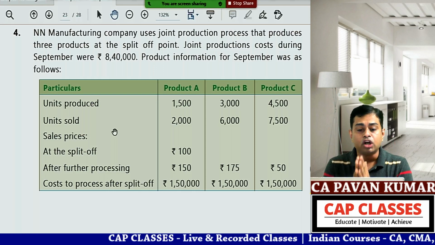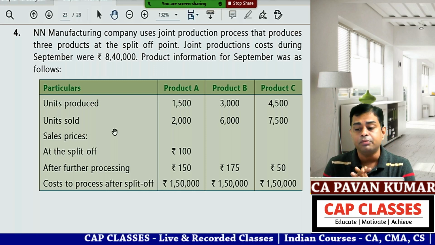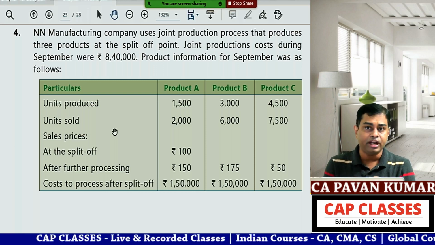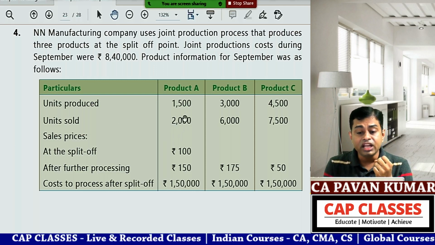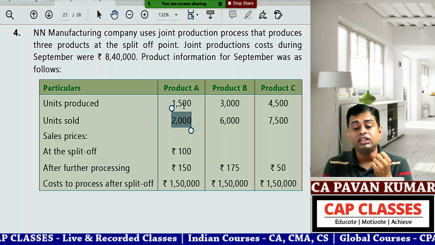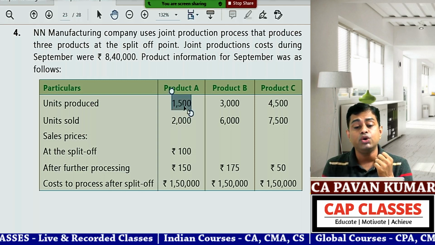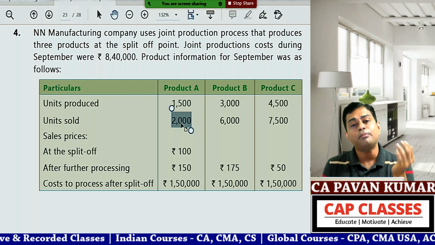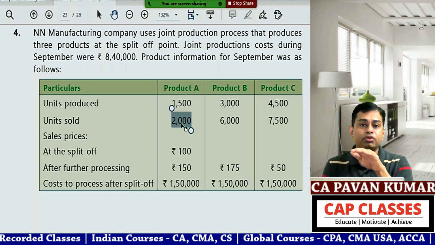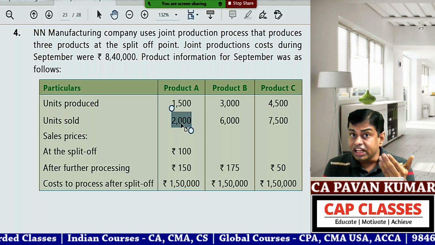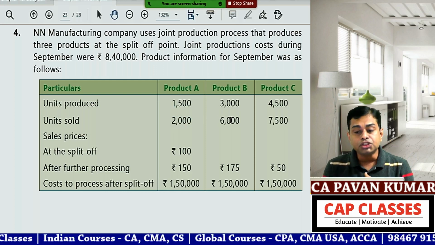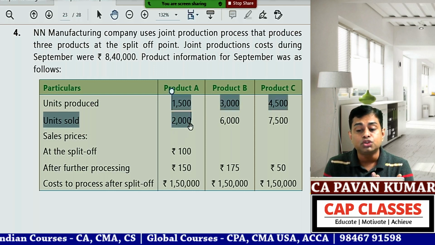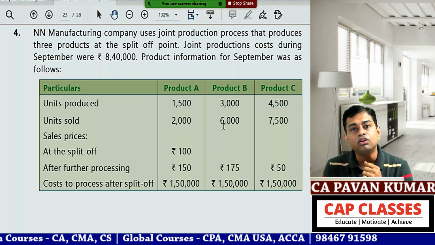In the whole of process costing, or joint products and byproducts, our focus is on the current period, what is happening. So they have given units sold. Now a student thinks, Pawan sir, 1,500 units produced, 2,000 units sold, how is it possible? That means there is some opening stock which they sold during the period. But since the opening stock is not mentioned, we do not know the closing stock, because you cannot calculate closing stock using these two pieces of information.